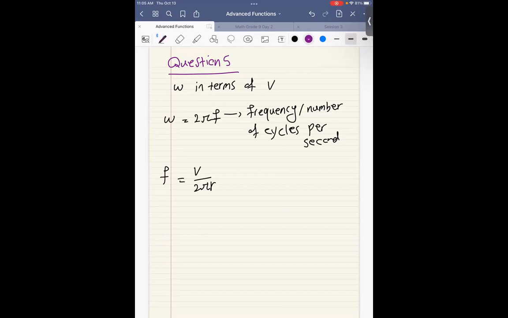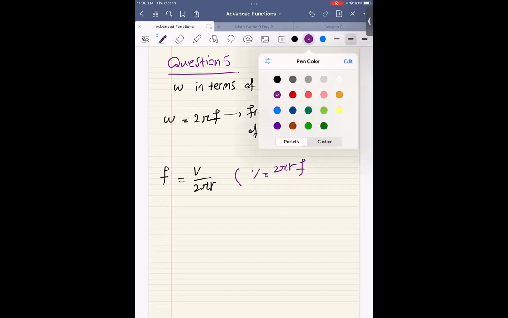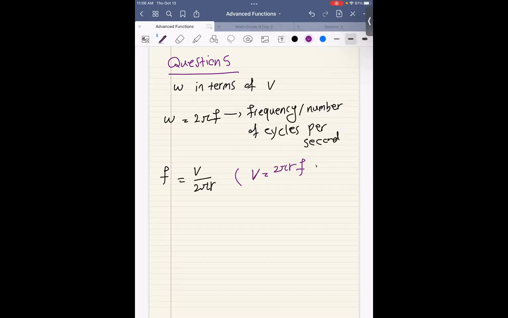Or you can look at this equation. It is equivalent to saying that v is equal to 2 pi r times f, because 2 pi r is the distance of one cycle.